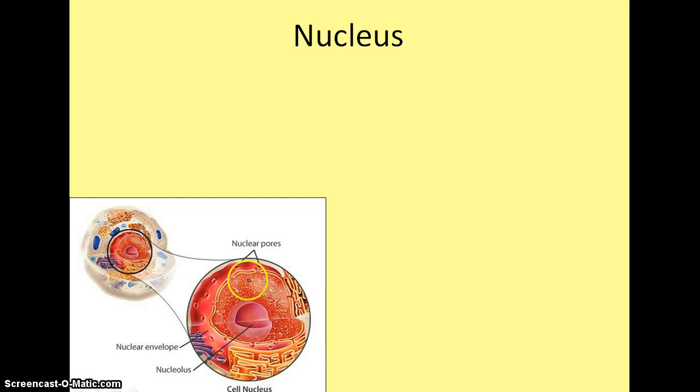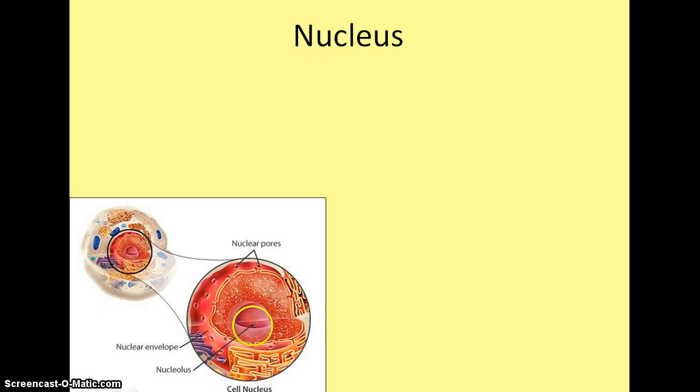If you look at this blown up picture of the nucleus itself, you can see the nuclear envelope, which, like the cell membrane, is a bilayer that keeps some things out, some things in, but it still has nuclear pores, which allow some things to pass in and out of the nucleus. That's not a very long list. Only a few things can make it into the nucleus, and only a few things can make it out of the nucleus.